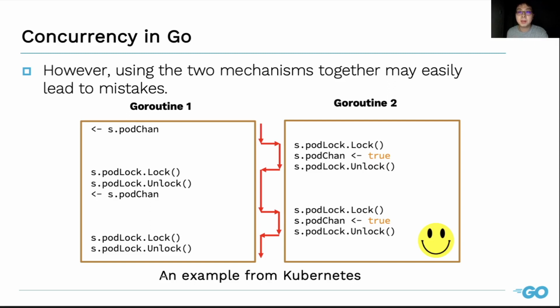Coroutine 2 sets true to podChan in the critical section of podLock, and also performs the same operations twice. As you can see, following the scheduling sequence indicated by the red arrow, the program will exit normally.